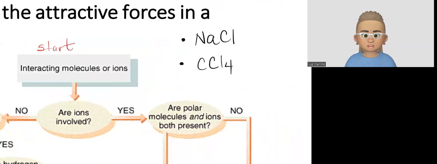So ideally, how that compound actually looks is in the following manner: Na plus, Cl minus. Since our compound has ions, then we have to say yes.